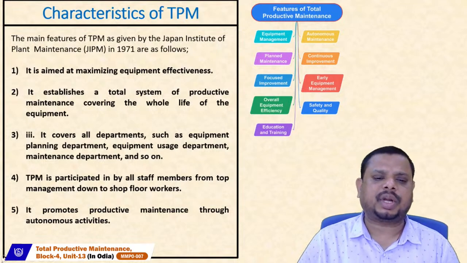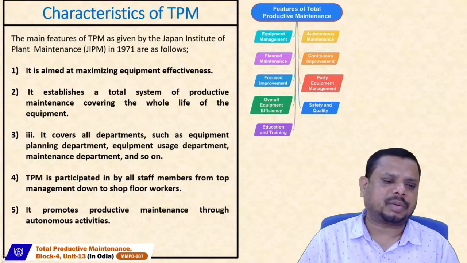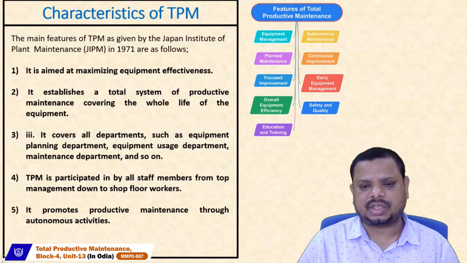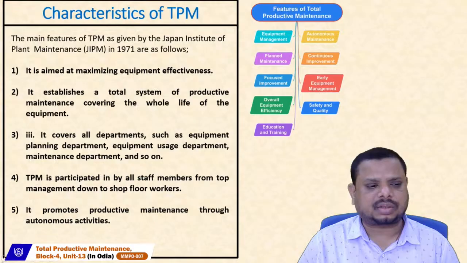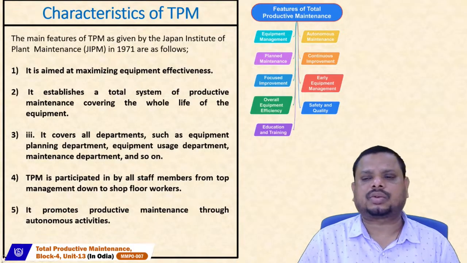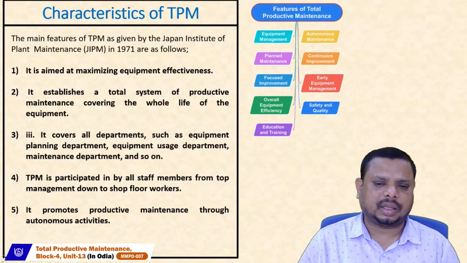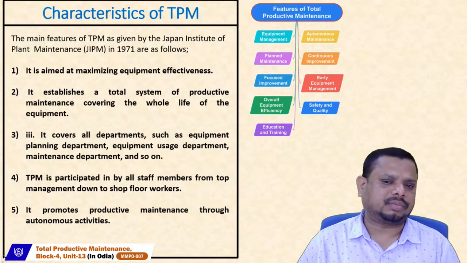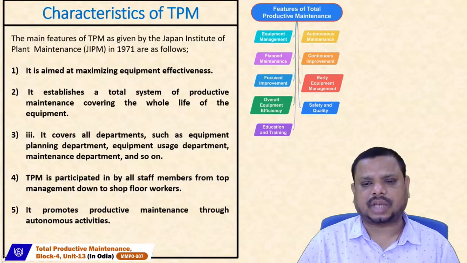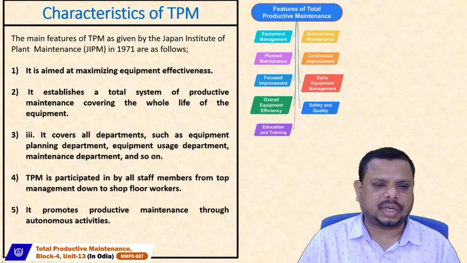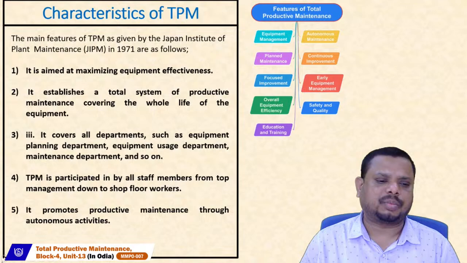The second one is the equipment use department. The equipment use department is directly concerned with the production department, those who basically use these machines as well as the equipment. And the last one is the maintenance departments, those who basically provide a number of classified types of maintenance to increase the lifespan of the machines or equipment.